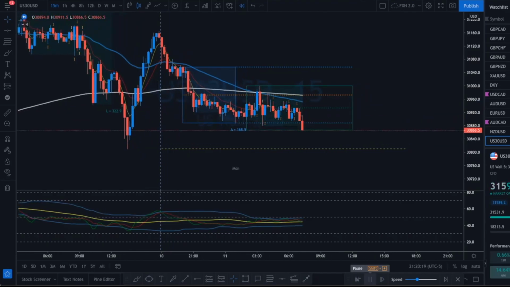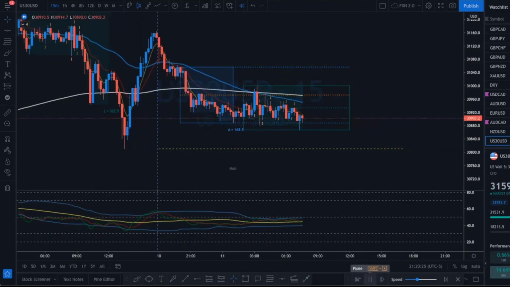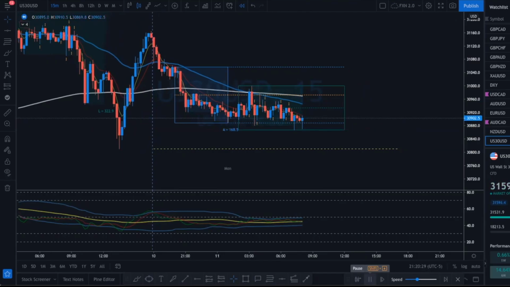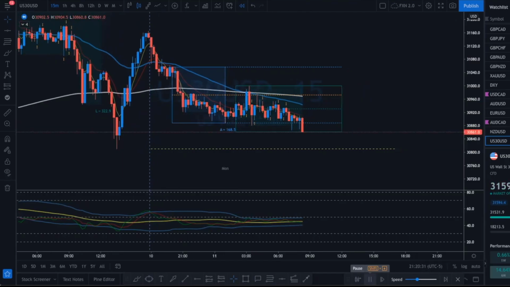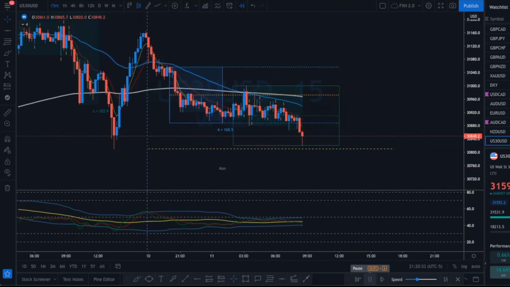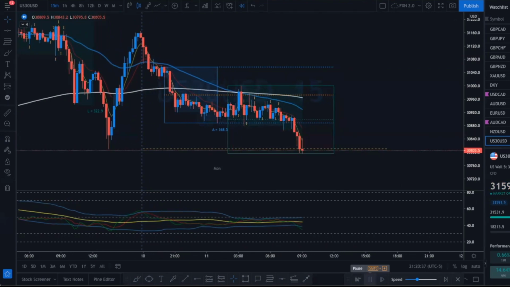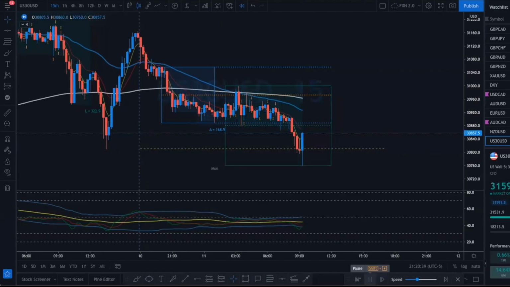Yeah, see that candle right there. There it is. There it goes. Yep.